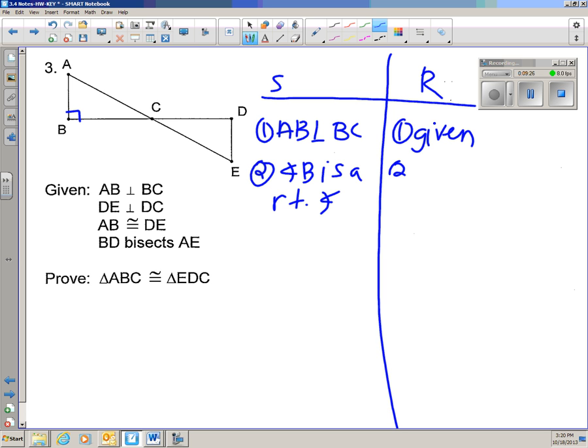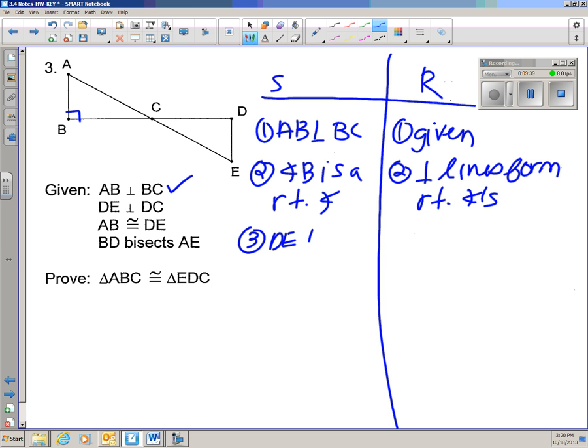And the reason is because perpendicular lines form right angles. That takes care of this. DE is perpendicular to DC.